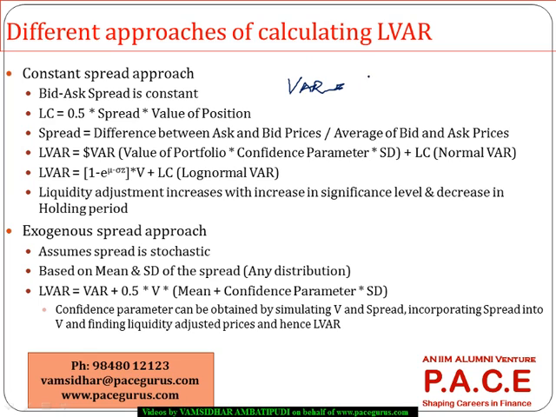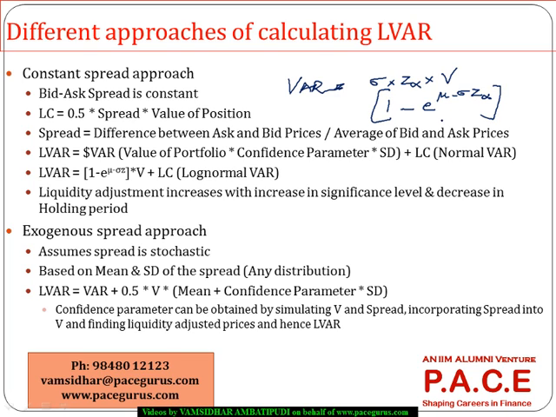Normally it is sigma times Z alpha times V. That is your normal way. But if it is log normal, what we generally take is the VaR is 1 minus e to the power of mu minus sigma Z alpha.